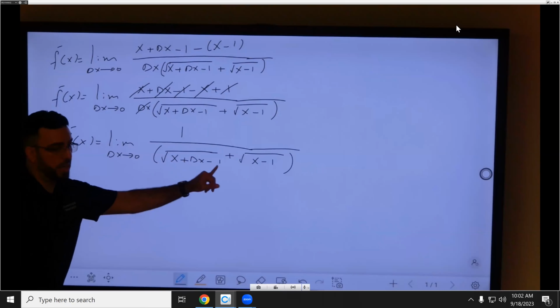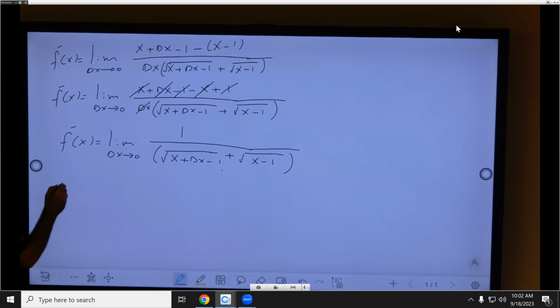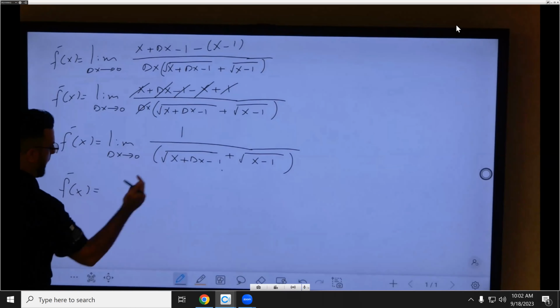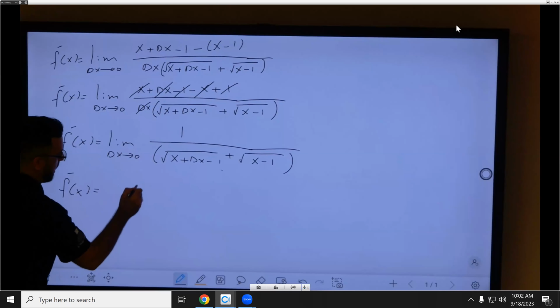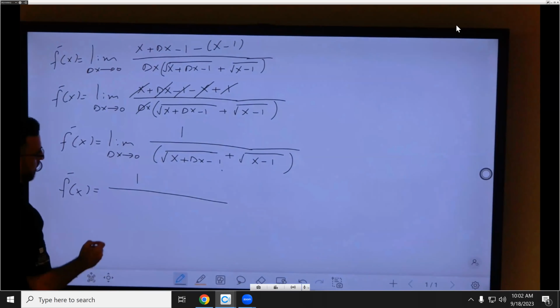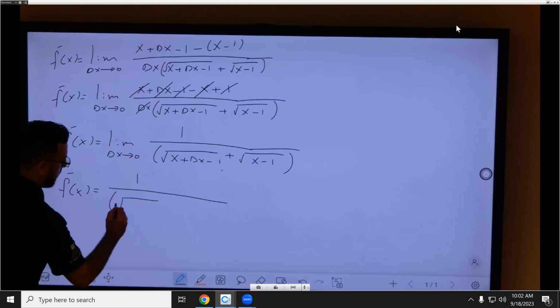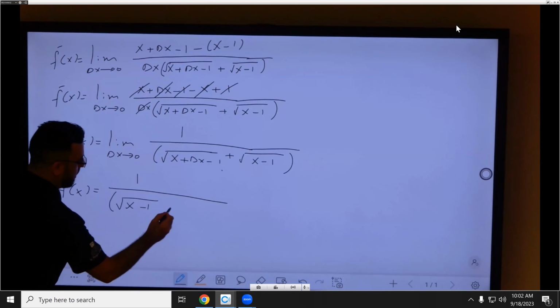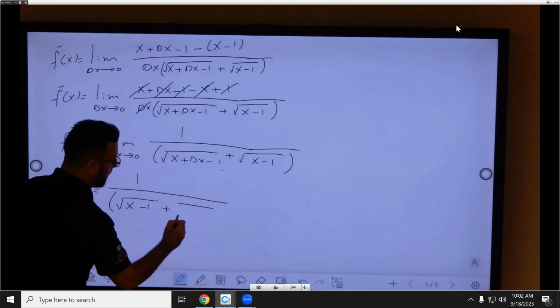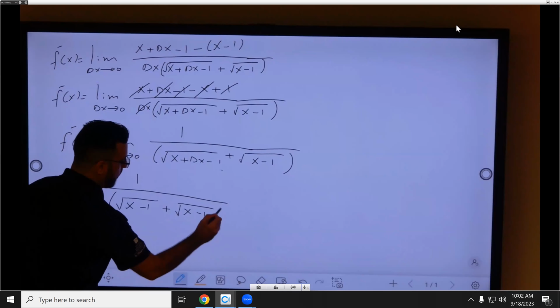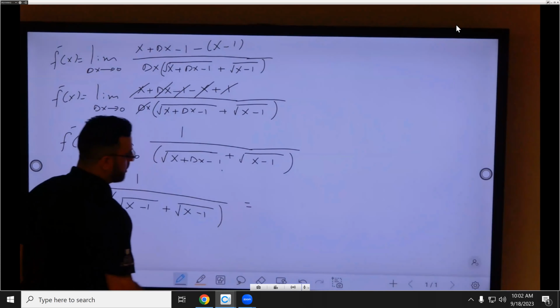It's going to be the square root of x minus 1. That means f prime of x, I'm going to take the limit now, so you don't have to write down the limit anymore, is 1 over the square root of x minus 1 plus the square root of x minus 1.